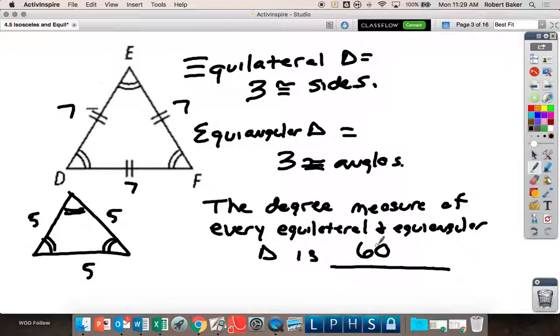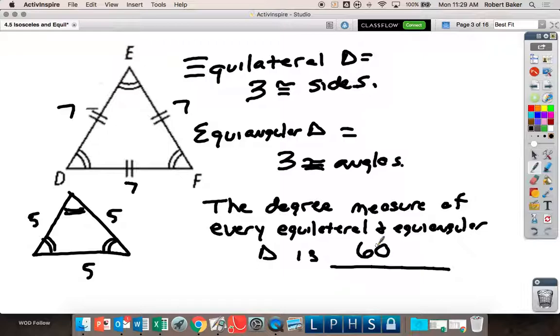This triangle is equilateral. This triangle is equiangular. This triangle is... Equal to what? Symmetrical.